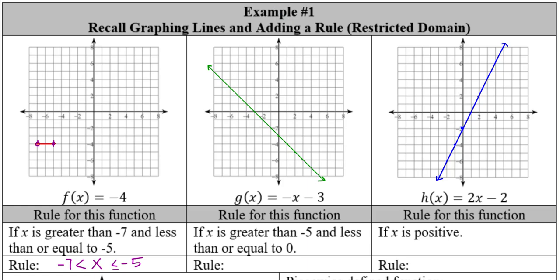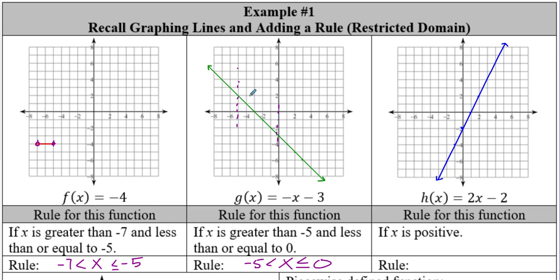And then my next piece says if x is greater than negative 5 and less than or equal to 0. So remember, my x is in the middle, greater than negative 5, and then less than or equal to 0. So if I look at negative 5, I'm using just up to this part right here. And then at 0, just up to this part right here.